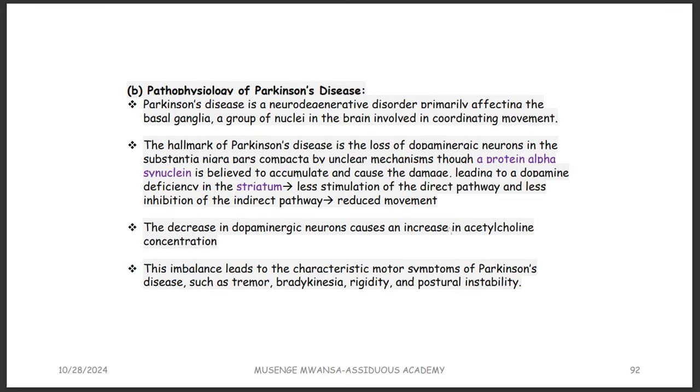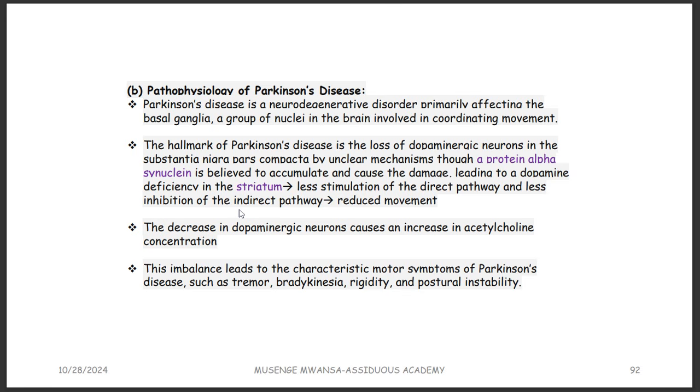And then pathophysiology, this disease is neurodegenerative, affecting the basal ganglia. And the problem is there is a loss of the dopaminergic neurons in the substantia nigra pars compacta by an unclear mechanism, which is thought to be through a protein known as alpha-synuclein, which is believed to accumulate and then cause damage leading to the dopamine deficiency in the striatum.